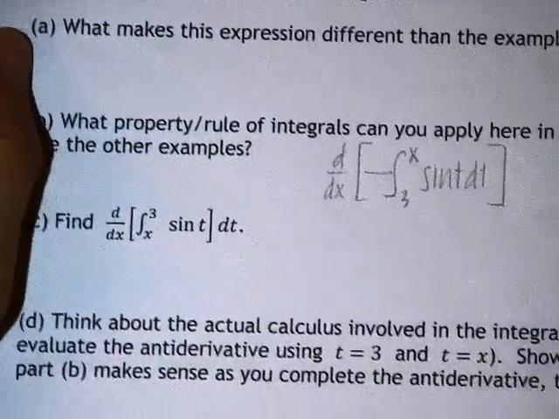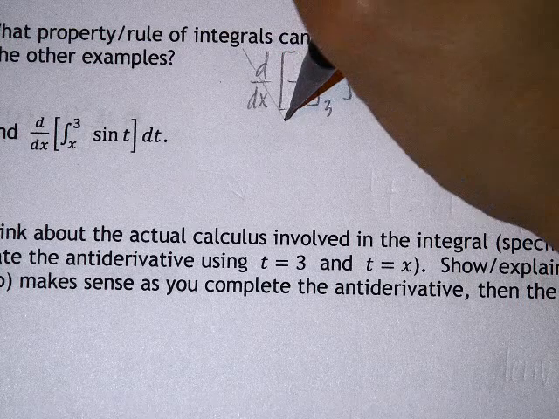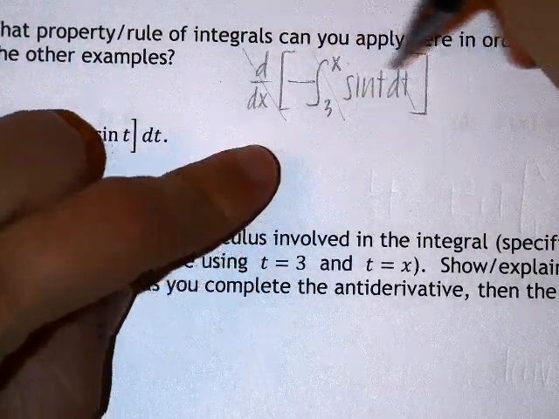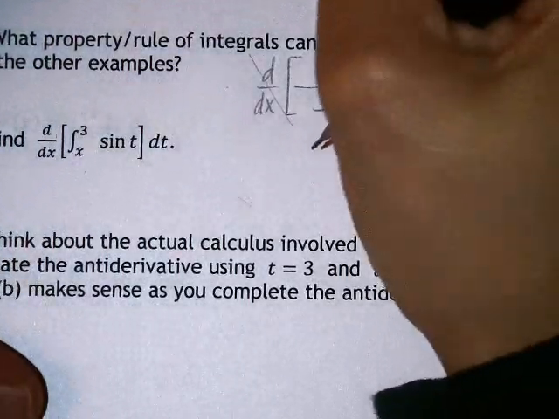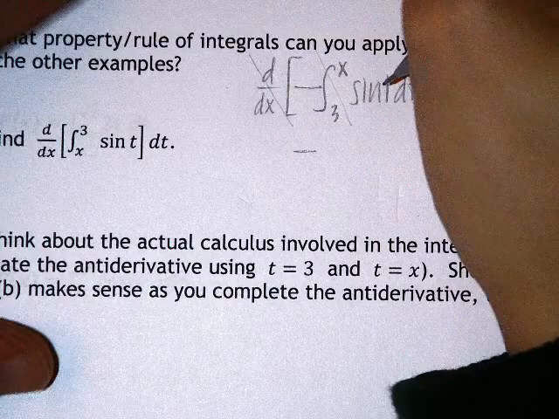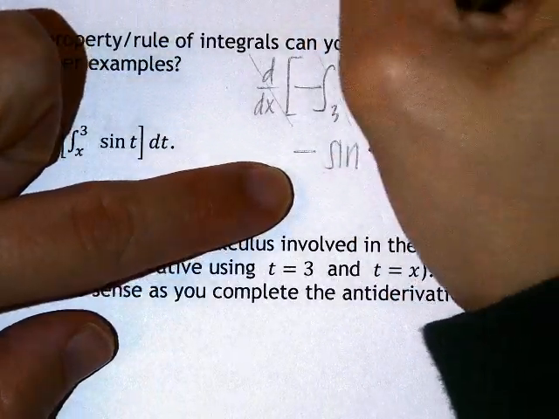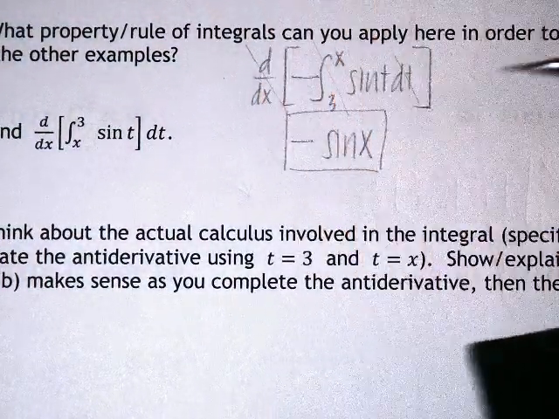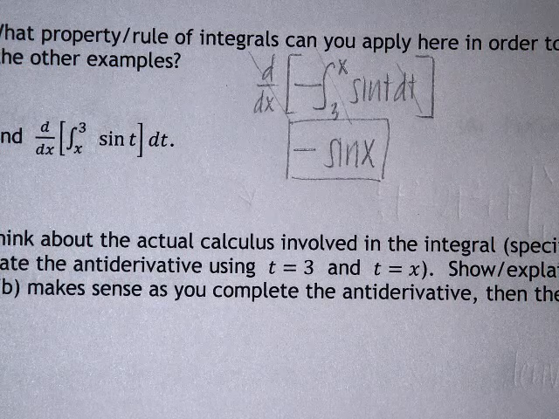So if I have one of those problems, I can totally do this. The derivative will cancel the integral. Technically, it also cancels the dt. They all cancel out in one big swoop. And it looks like I'll still have a negative, I'll still have the sine, and instead of t, I'll replace it with an x. According to what we saw in the previous lesson, that should be the final answer from the fundamental theorem of calculus.